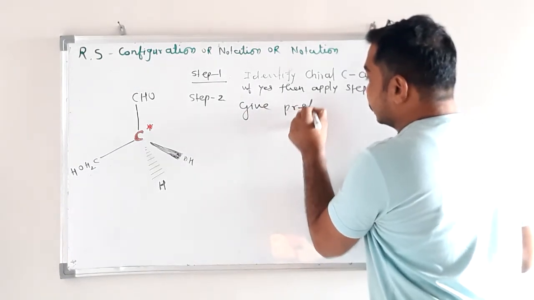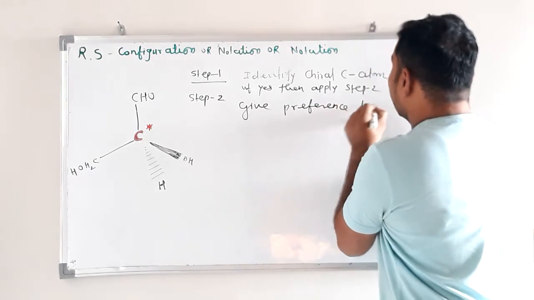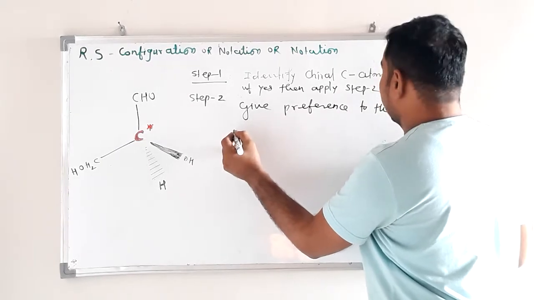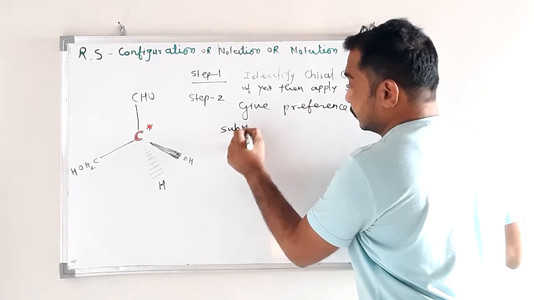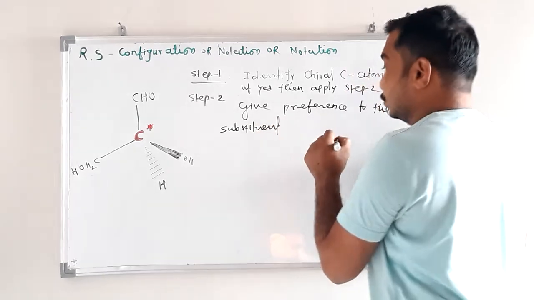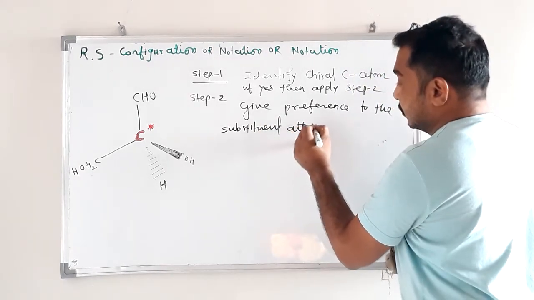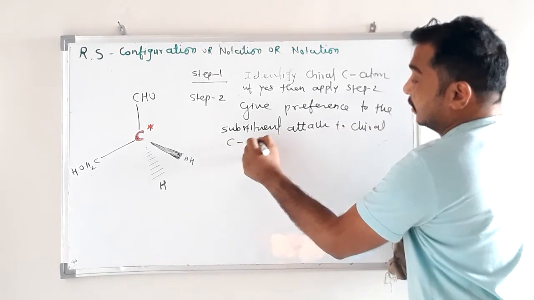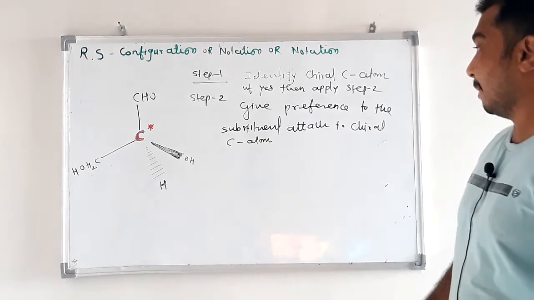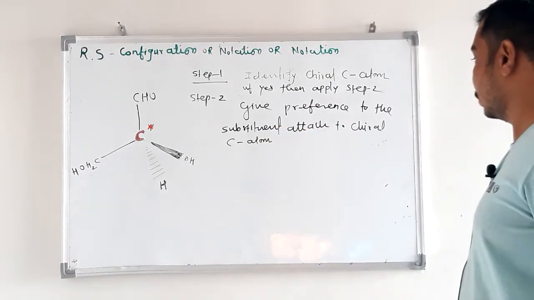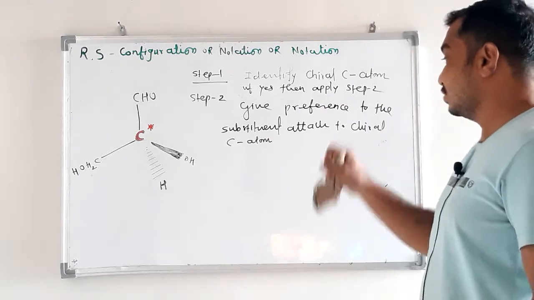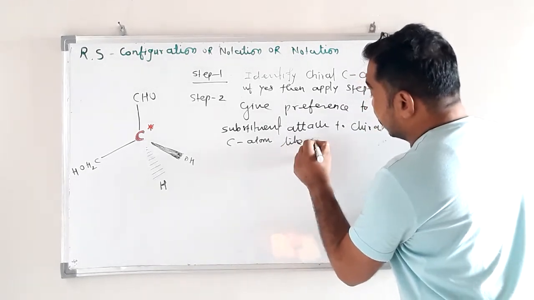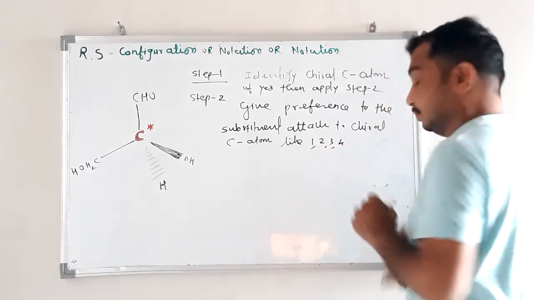Give preference to the substituents attached to the chiral carbon atom. Preference means numbering 1, 2, 3, 4.